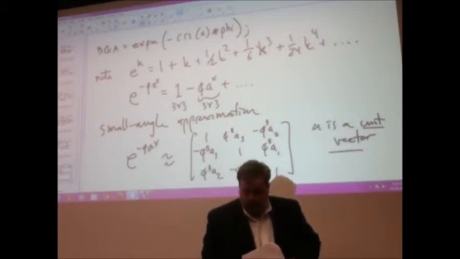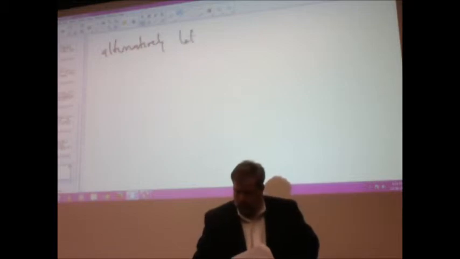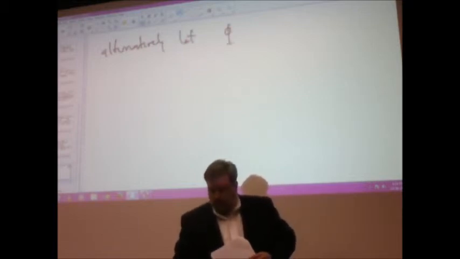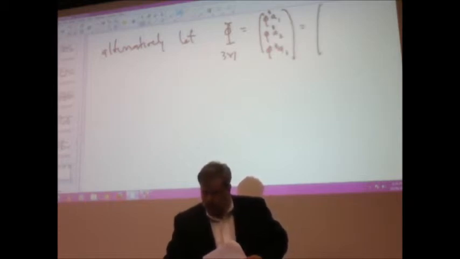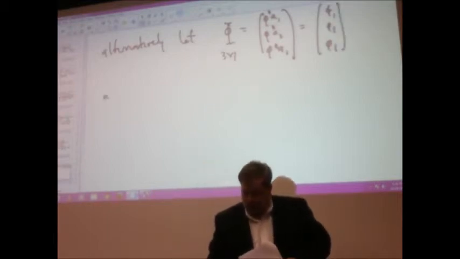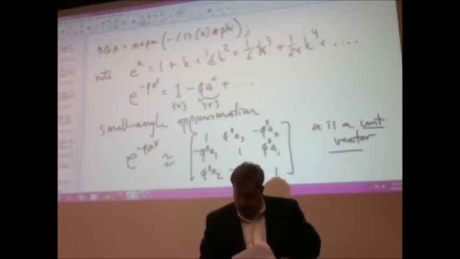Alternatively, you could write it this way. We could let now a matrix phi, a 3x1 matrix of values, be equal to phi a1, phi a2, phi a3, or maybe just for simplicity, call that phi1, phi2, phi3. And now we could write this matrix exponential. Are we doing A to B here?